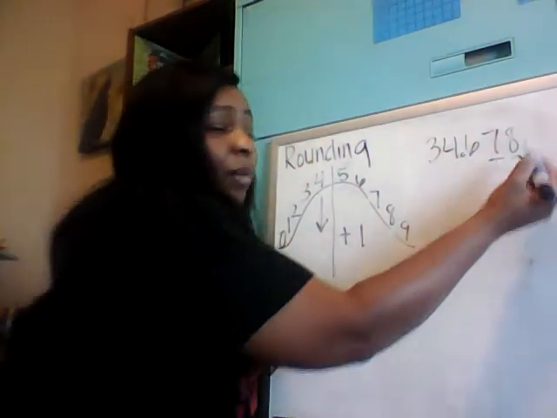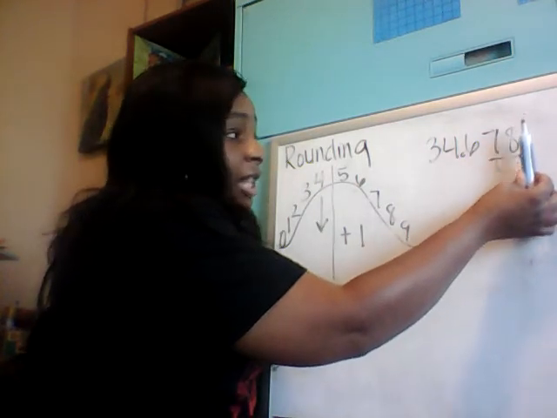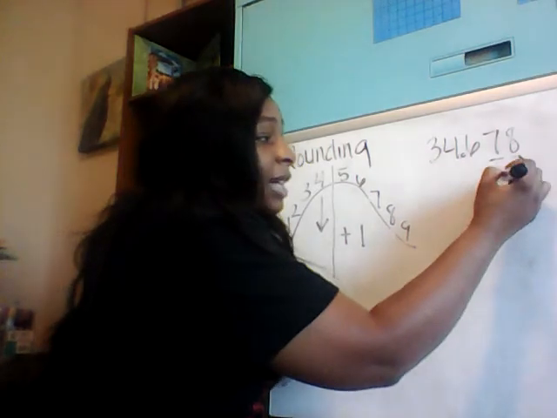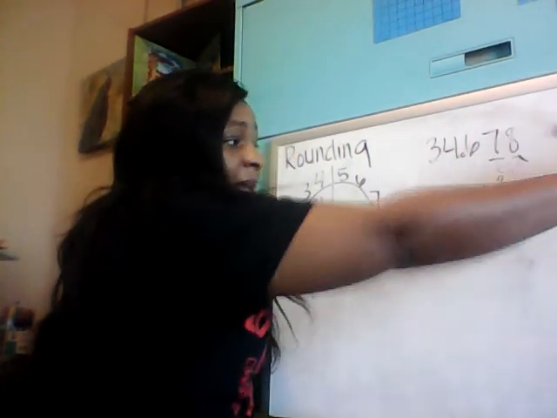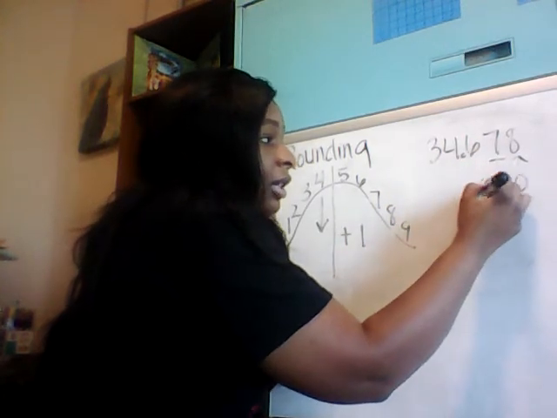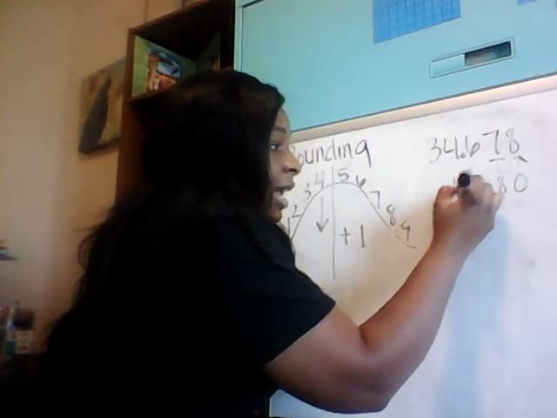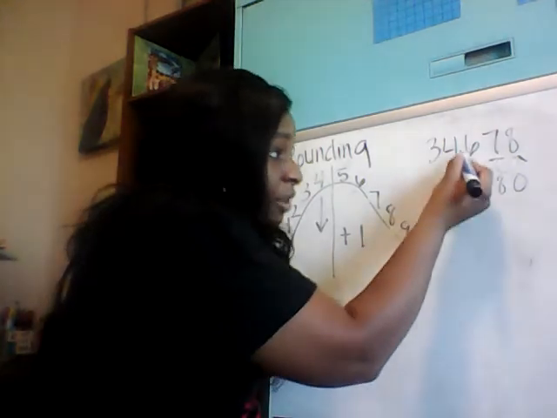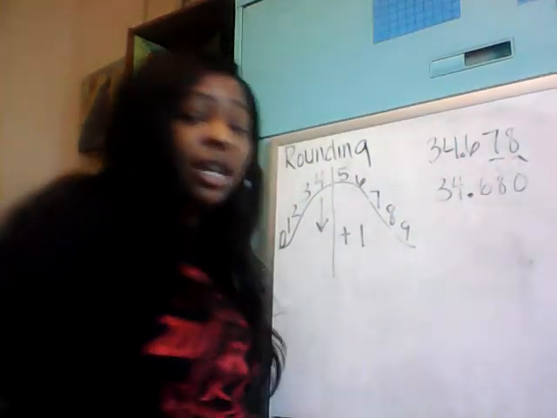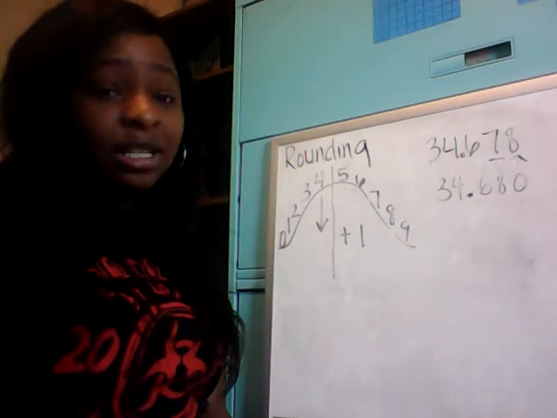But remember, we don't add to this column, we add to the underlined digit. That means that the 7 becomes an 8. Everything behind it becomes a 0 because we don't have to carry over. Everything in front of it stays the same. But I also have to make sure that I am lining up my digits and keeping my decimal point in its correct place. So that is very important.